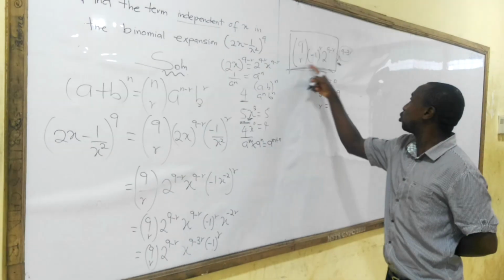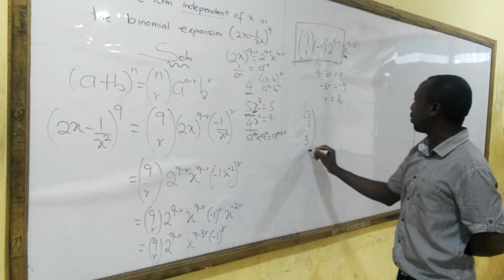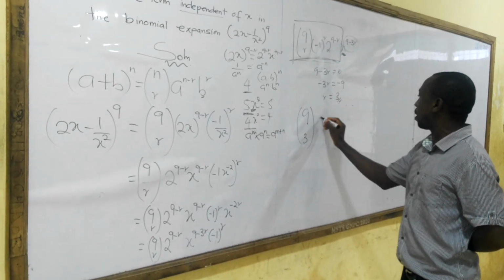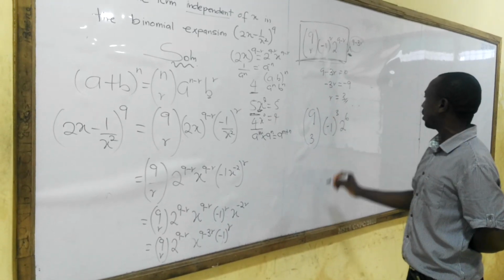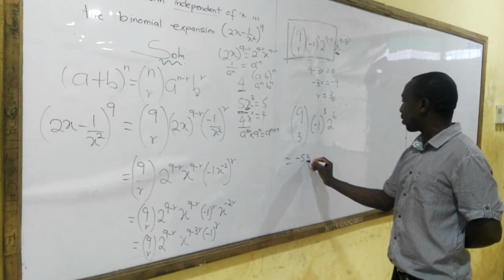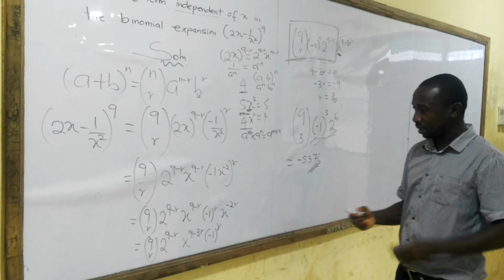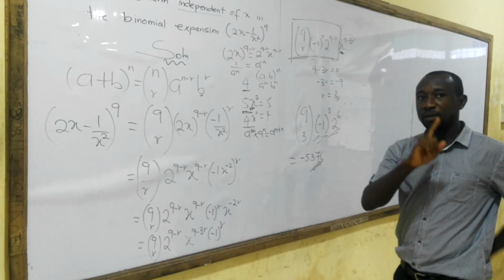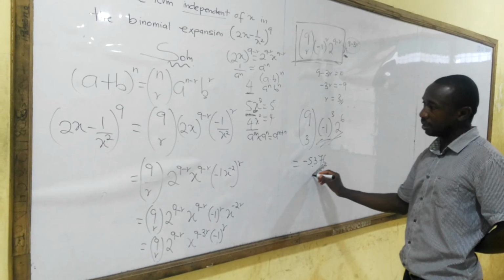My focus now is to find this expression: 9 combination 3, because r is 3, negative 1 to the power 3, and then 2 to the power 6. With this expression, I'll have minus 5376. By using your calculator, this should be the answer. So the term that is independent of x is minus 5376.